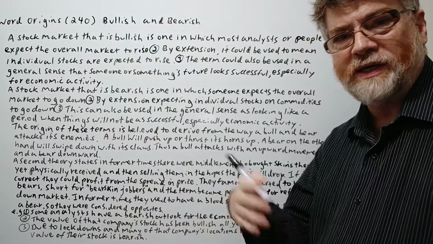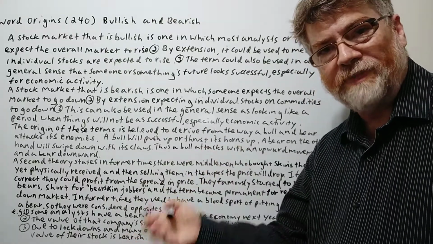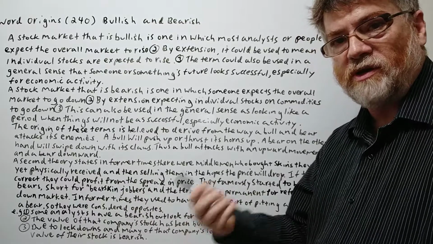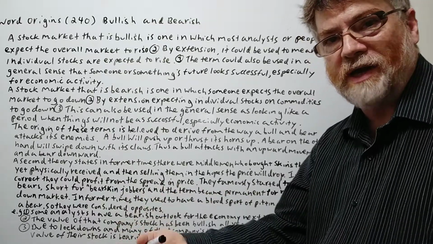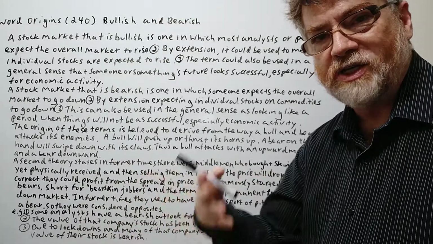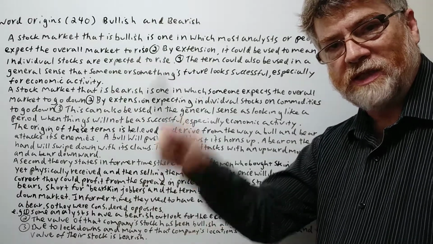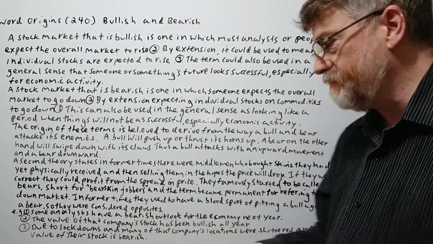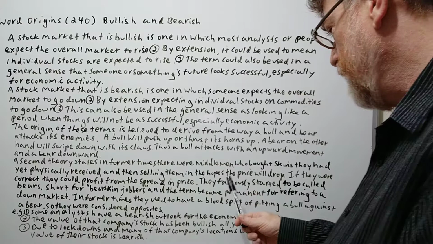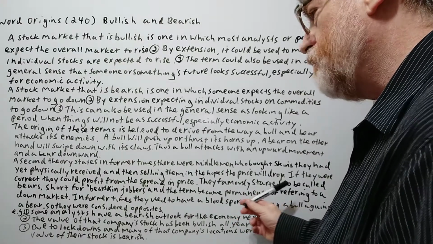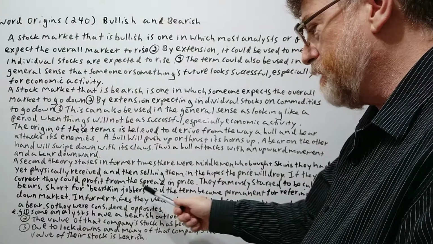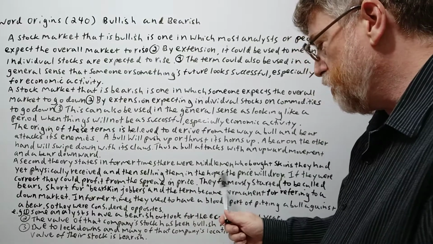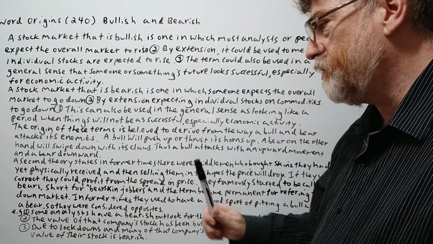So they would buy them, but not physically have them. They just bought the paper or the document, and then sold it before they actually got it, hoping the price would go down and they would profit in between. They famously started to be called bears, short for bearskin jobbers, and the term became permanent for referring to a downward market.